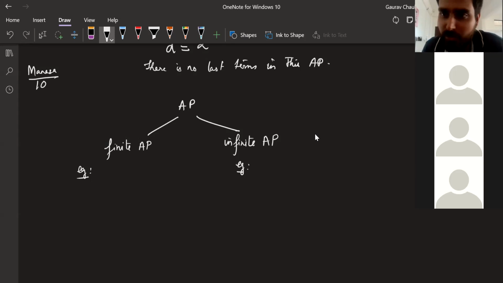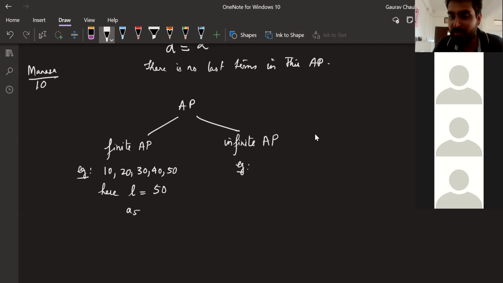Perfectly right, Mansa. Just the same thing, if I take any AP, 10, 20, 30, 40, 50, stop. It means the AP has ended. So here L is equal to 50, the last term.